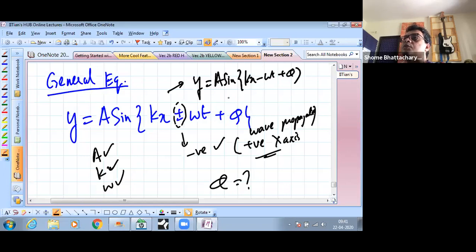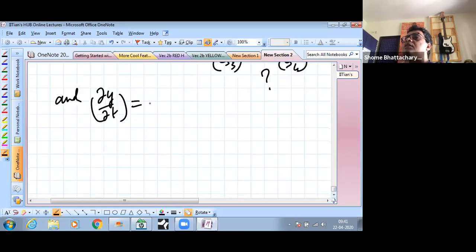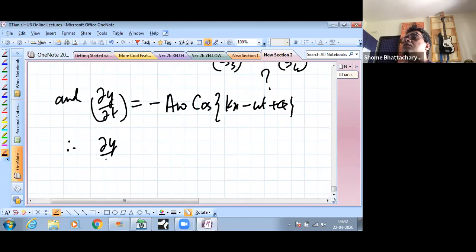So minus omega comes outside. You can see that the particle velocity will be in this case minus a omega, not a omega, cos of kx minus omega t plus phi. So the particle velocity at x equal to 0, t equal to 0, according to this, should be minus a omega cos phi.